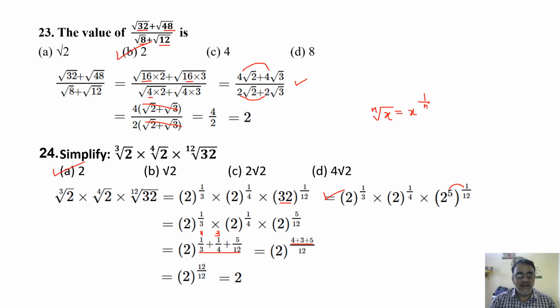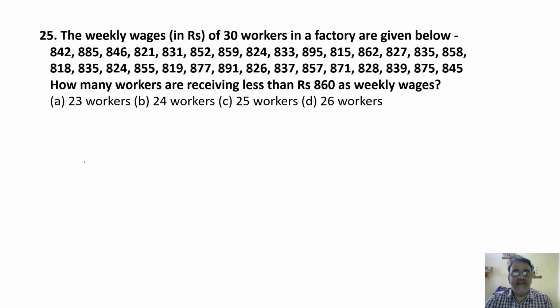Now we are moving toward the question number 25. The weekly wages in rupees of 30 workers in a factory are given below. How many workers are receiving less than rupees 860 as weekly wages?